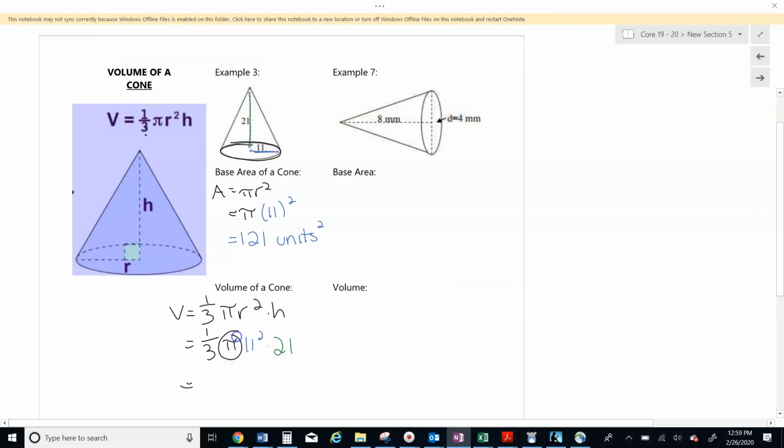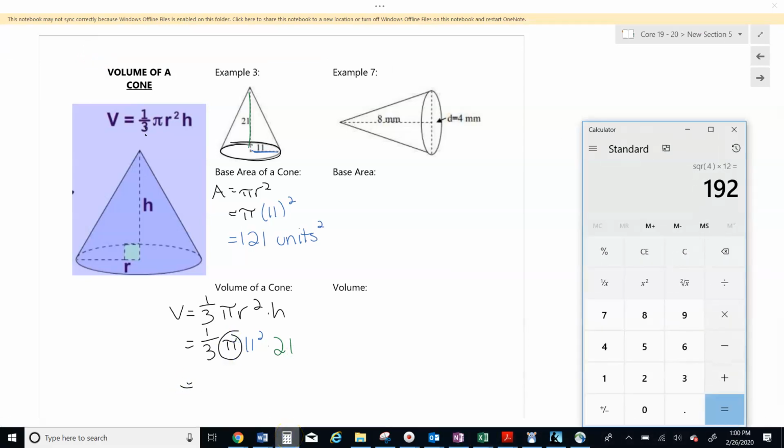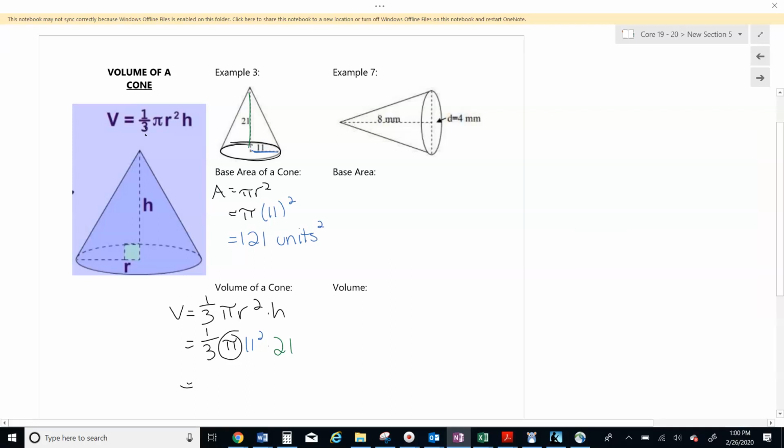Again, leave the pi out of the calculator. I know it's now in the middle. We still don't type it in. 1 divided by 3 times 11 squared times 21. And we get 847 pi, don't forget to bring it down, units cubed.